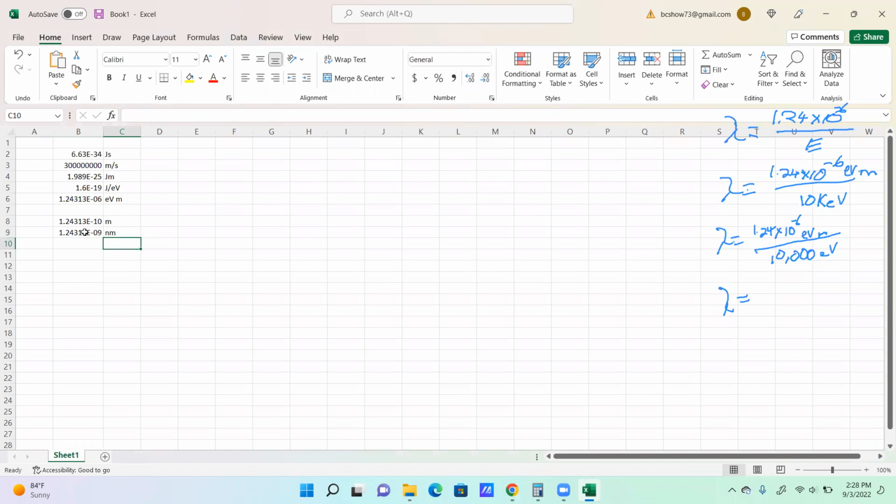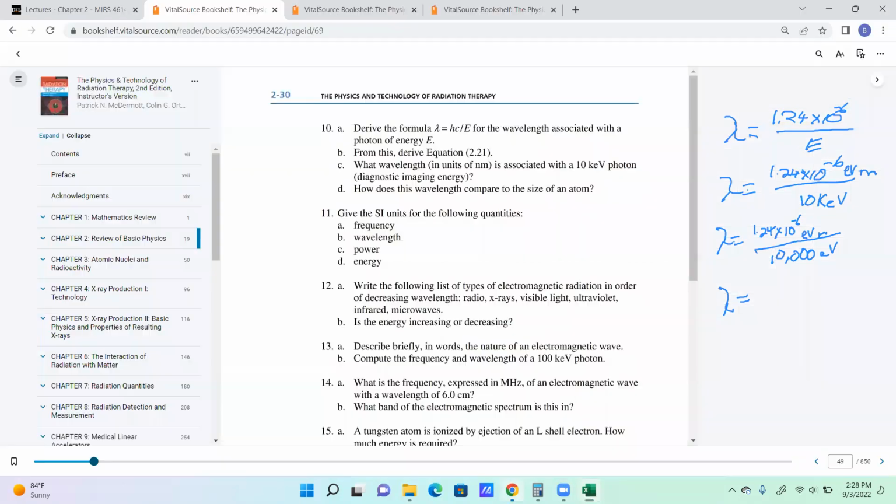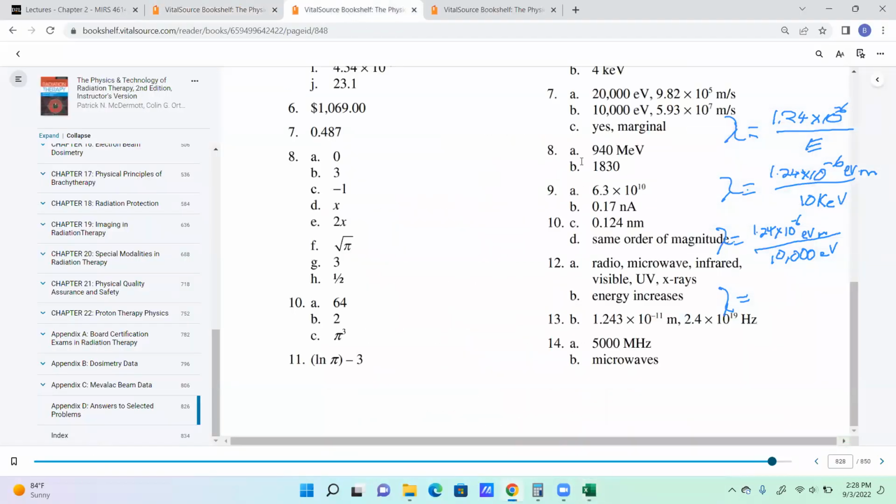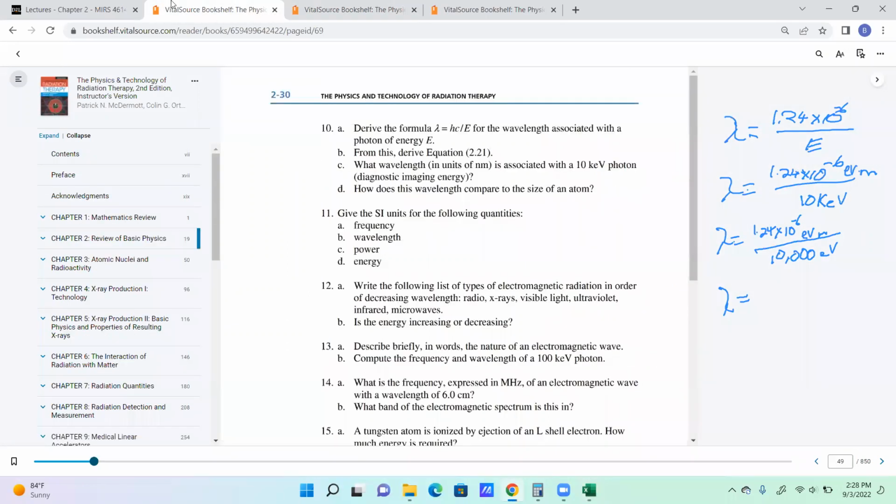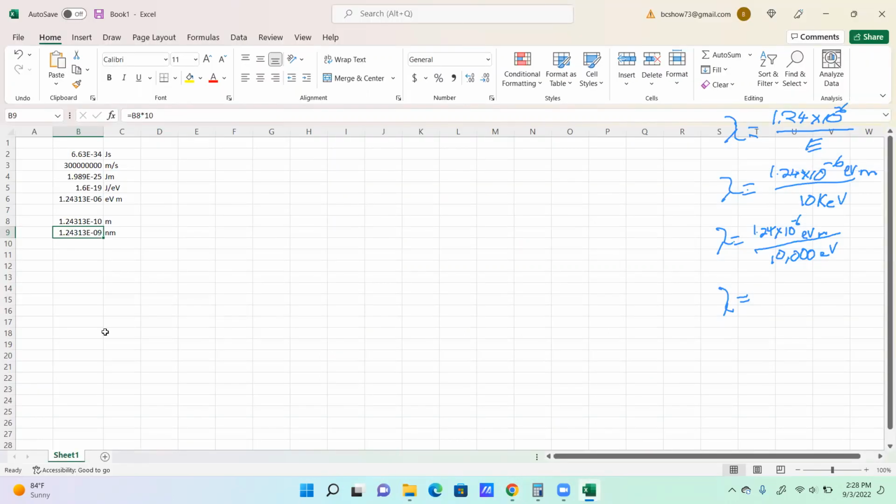I take this answer, multiply it by 10, and I should end up with 0.124. Yeah, in other words, basically I would have to move that decimal point over.